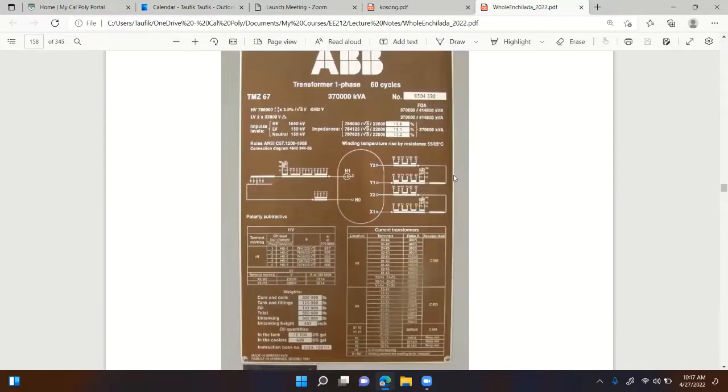Here's an example picture of a transformer that I took when I visited a substation a long time ago. This is a single phase big transformer. As you can see from the rating right there, can you see 370,000 kVA? That's big, isn't it? That's the same as 370 megavolt amps.